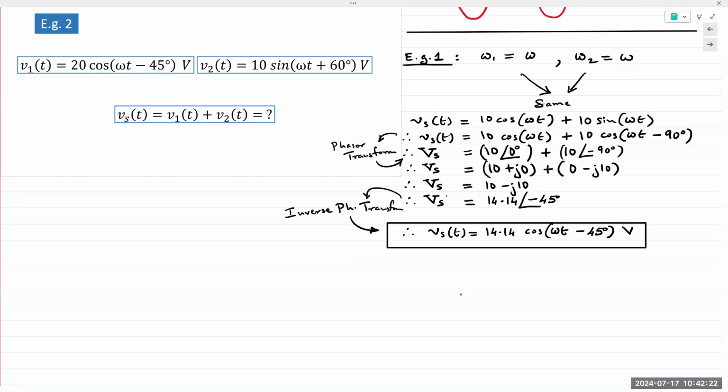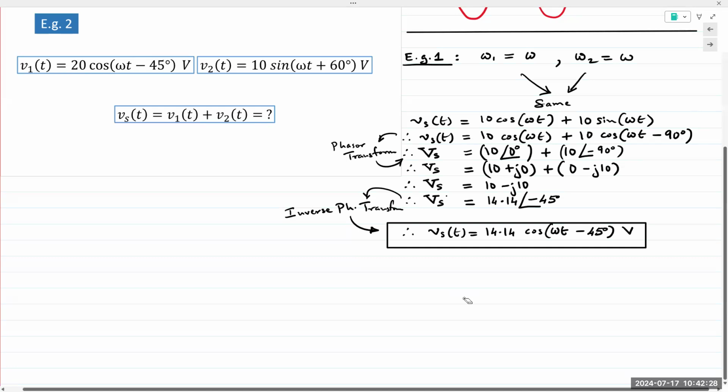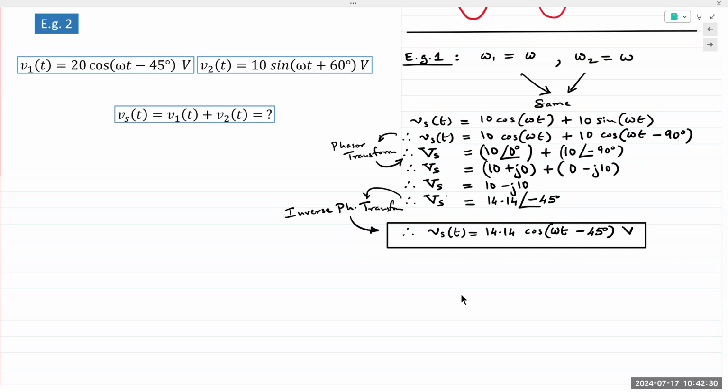I'll explain. That was the first step, right? First step as in transforming from sine to cosine. We good so far? The question being asked is, what if you perform the phasor transform while it's in sine?